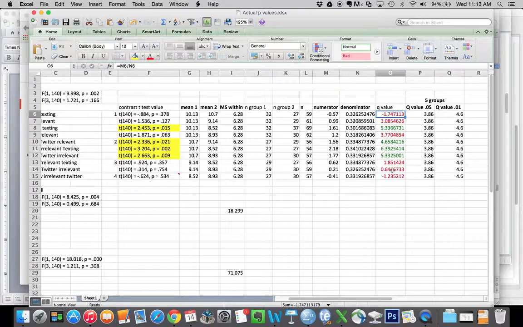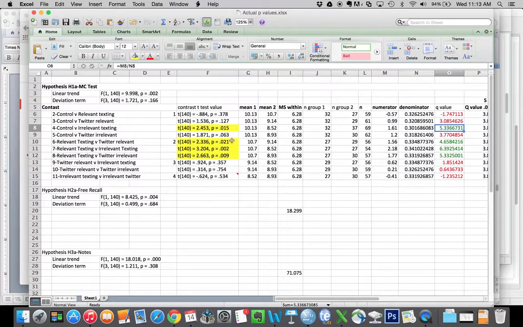Red means we didn't hit the cutoff, green means we did hit the cutoff. So the way we could look at this is this Q value for, and I'm just going to scroll over real quick, control versus irrelevant texting. I've highlighted in yellow the ones that we report as being statistically significant. That's in our original write-up as it is right now.